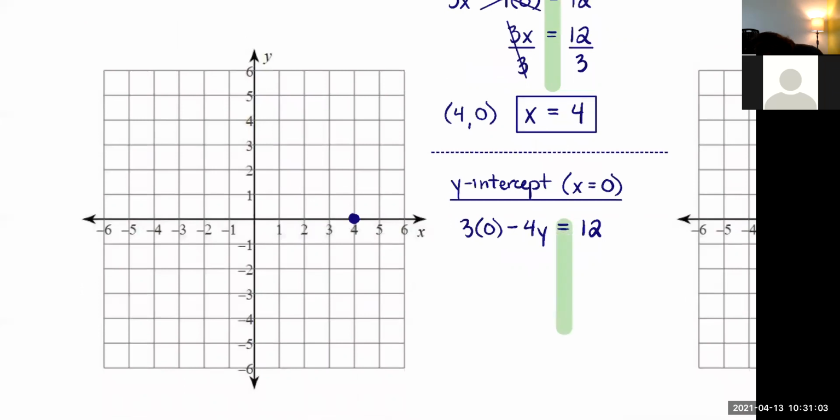But yet again, what do I like about that 0? Well, first, 3 times 0 is 0, but then at that point, it's gone. So it's not really going to change anything. So I can drop it out altogether. And what I'm left trying to solve is negative 4y equals 12. And how would you solve that?